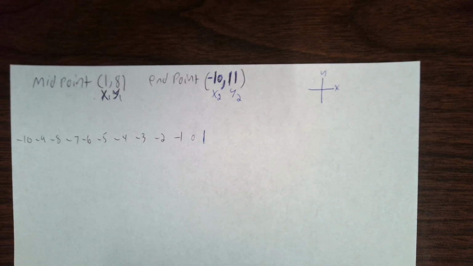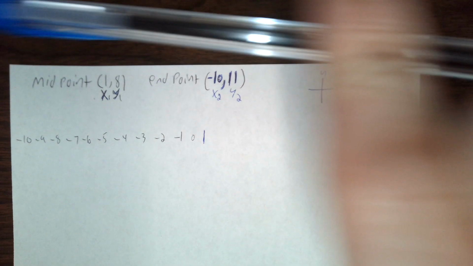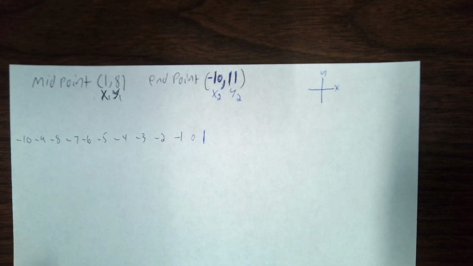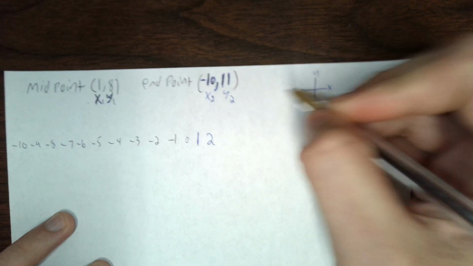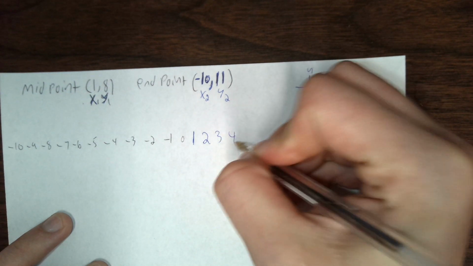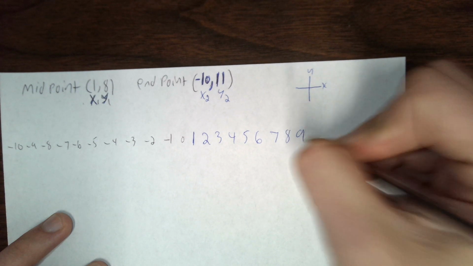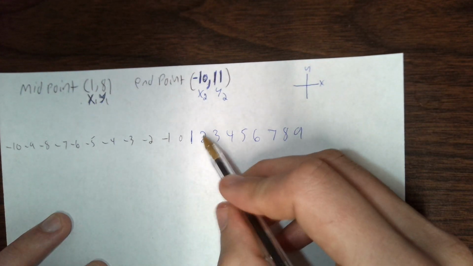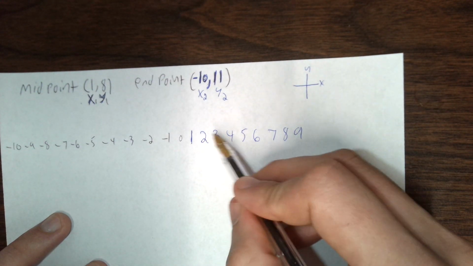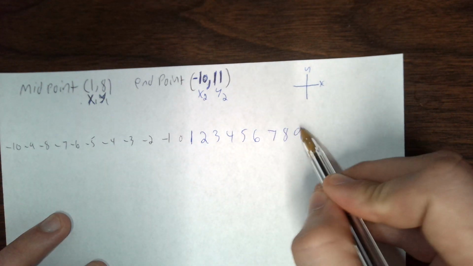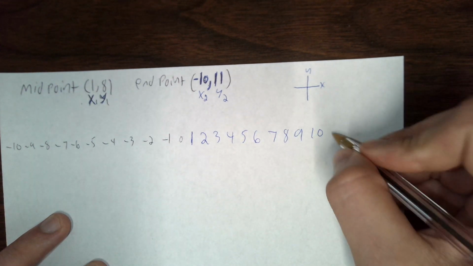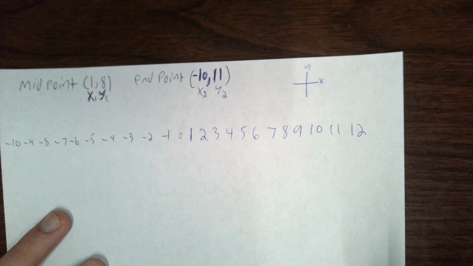Now what I need to do is go this way and count 11 numbers. That's 1, 2, 3, 4, 5, 6, 7, 8. I kind of lost count, so let's double check. It's 11 numbers.